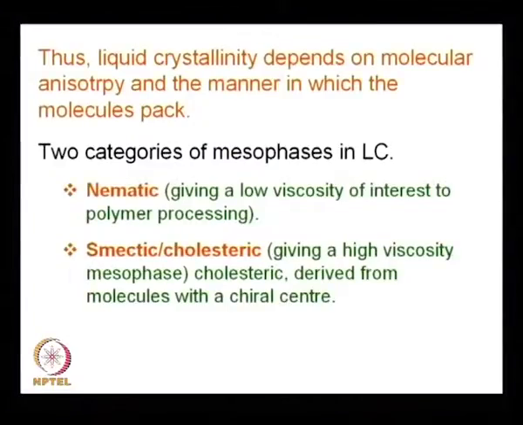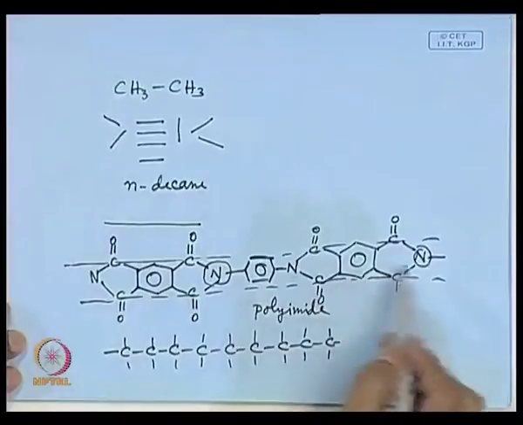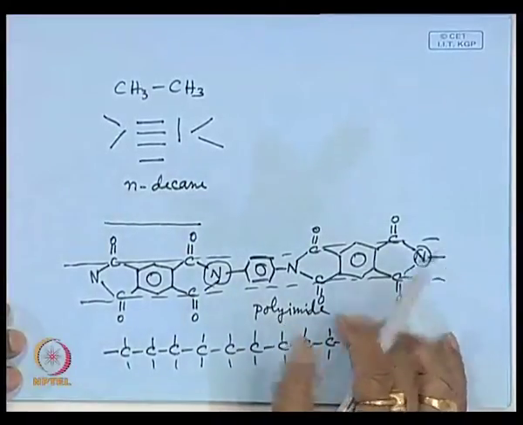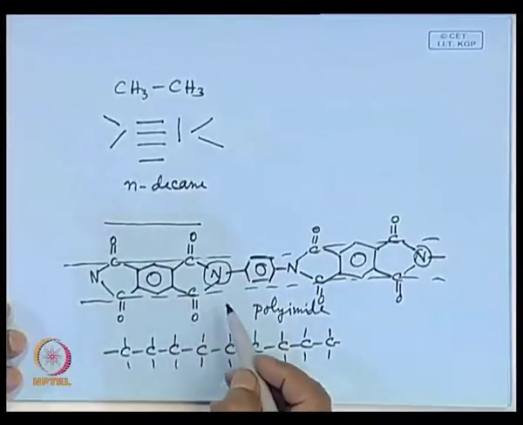Thus, liquid crystallinity depends on molecular anisotropy and the manner in which the molecules pack. So, it talks about this molecular anisotropy, and by virtue of this configuration it can come closer or pack with the molecules surrounding it in this rod shaped configuration.